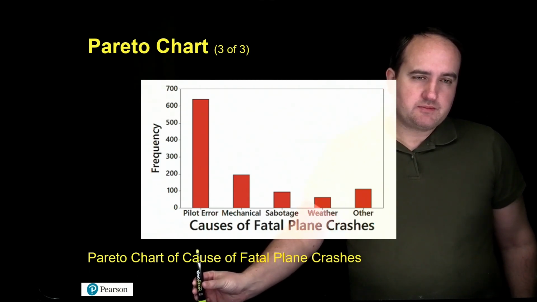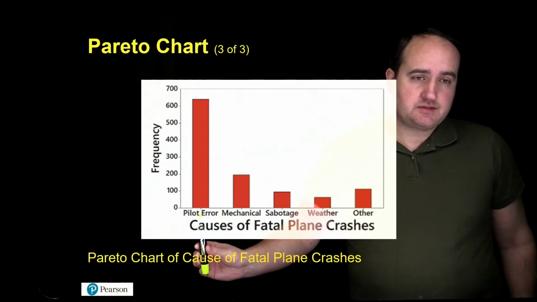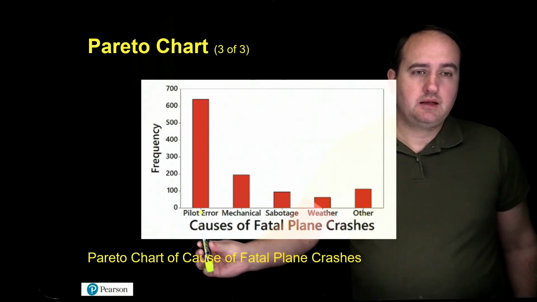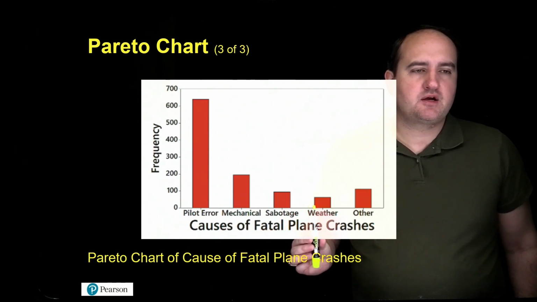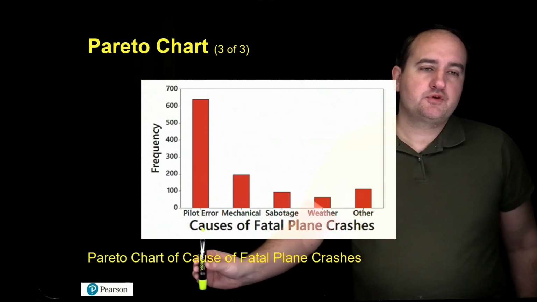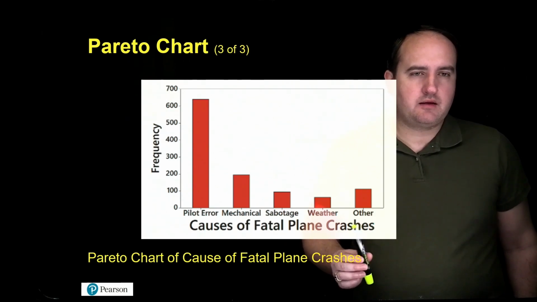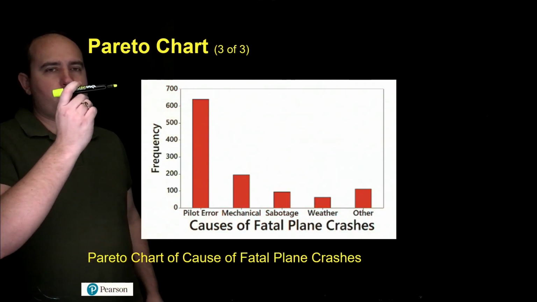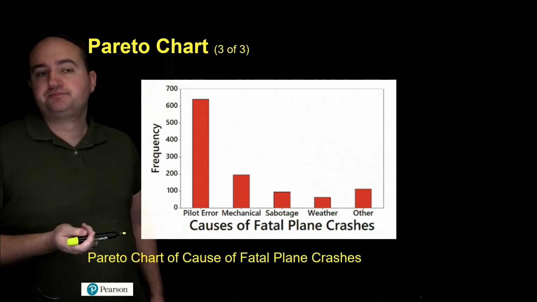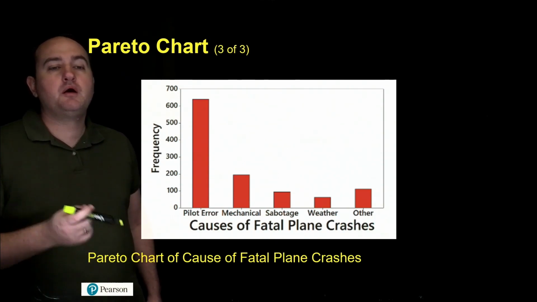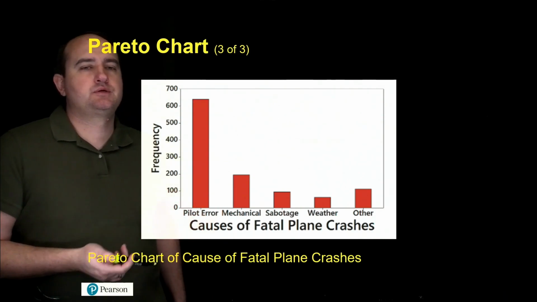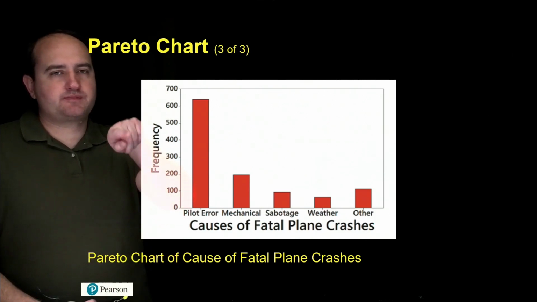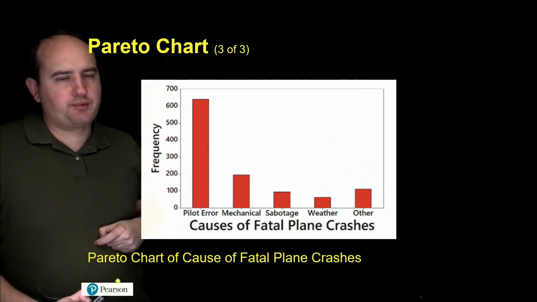Anyway, what's important is we know it's a bar graph because the horizontal axis is actually representing categories, not numbers: pilot error, mechanical, sabotage, weather, and then other. Those are categories, categorical data. Even though the height of each bar is representing a frequency, in other words, the number of fatal plane crashes during that year. I forget which year it was, but this is in our textbook if you want to look it up.